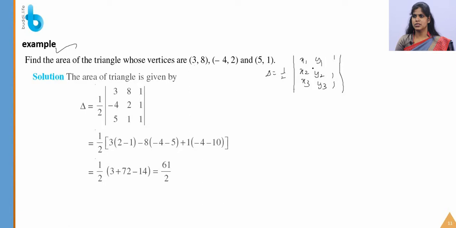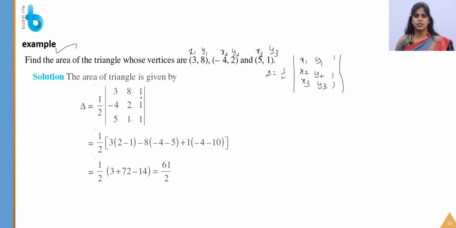We will just substitute the vertices here. x1, x2, x3 is 3, -4, 5. y1, y2, y3 is 8, 2, 10, and in the formula we have 1, 1, 1.